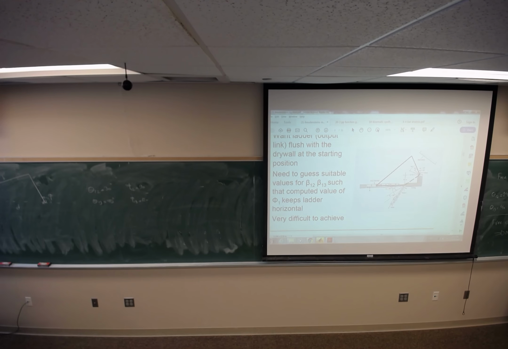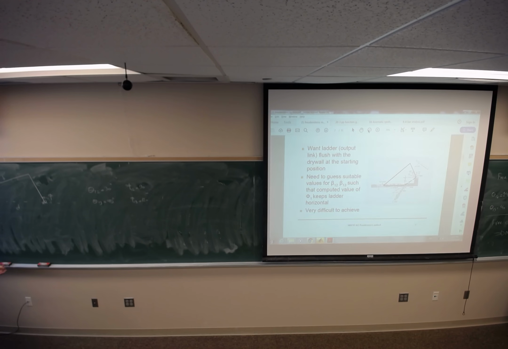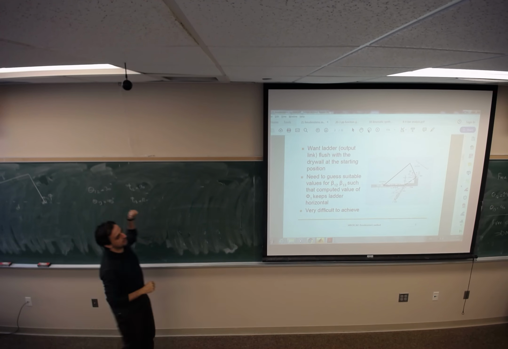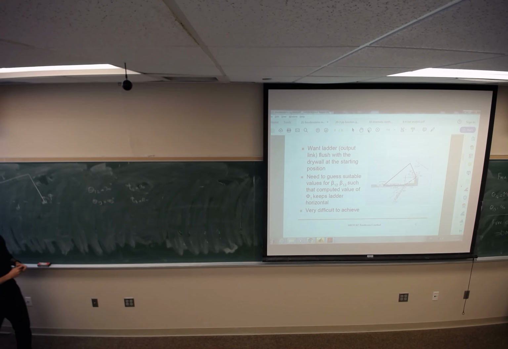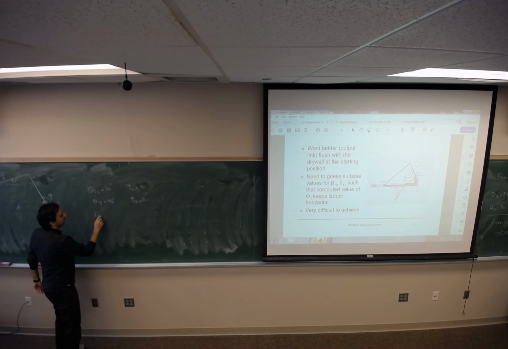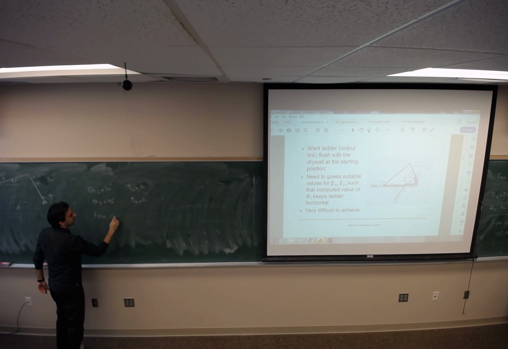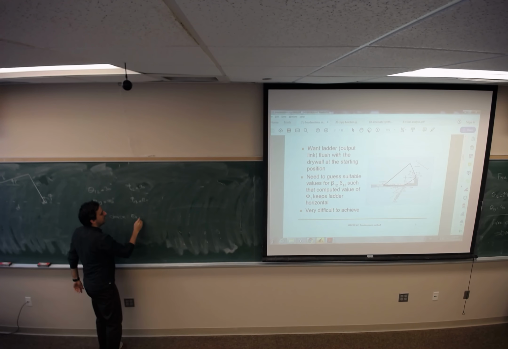So we are going to introduce a new method. It does the same thing: kinematic synthesis for function generation, solving this problem. But instead of picking beta 1,2 and beta 1,3 as the free choices, we pick theta 1 and phi 1 as free choices.